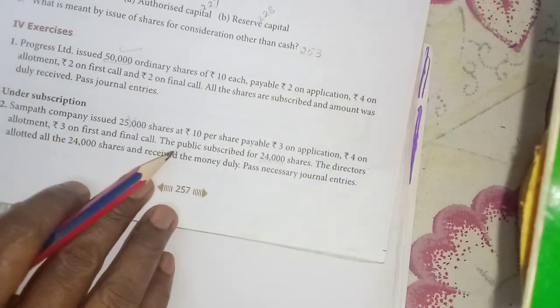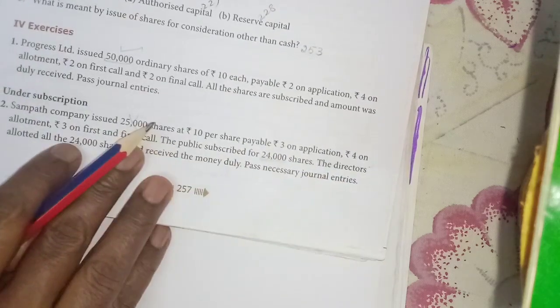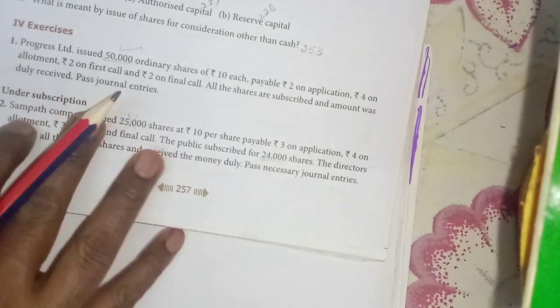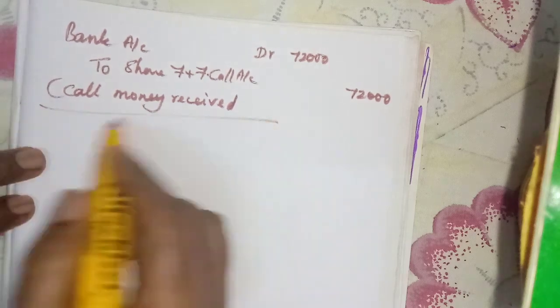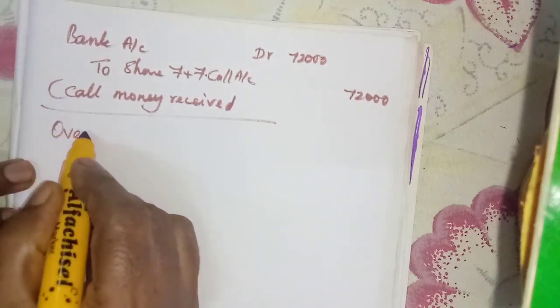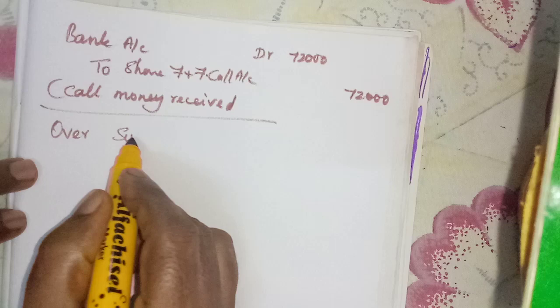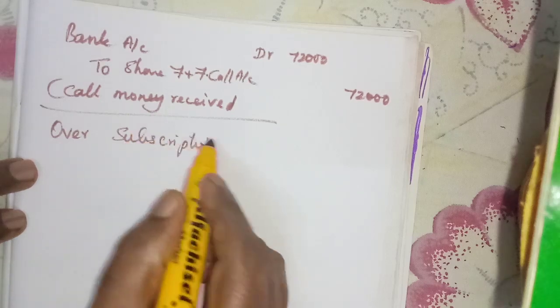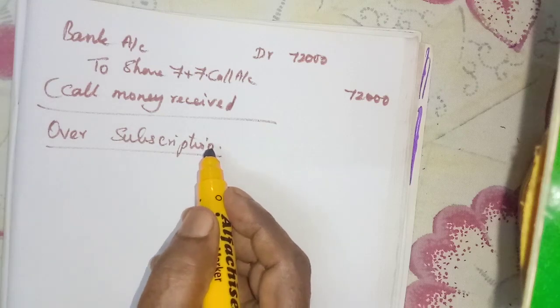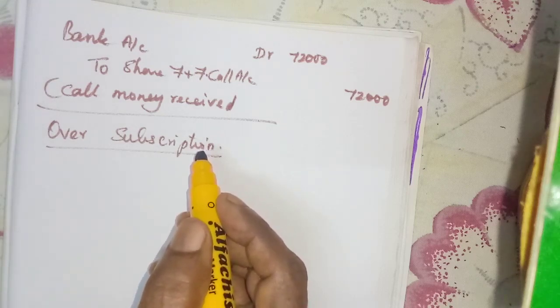Okay students, now we will see over subscription. The opposite can also be done. Under subscription is very easy. We have to take how much was subscribed, that alone we need to take.